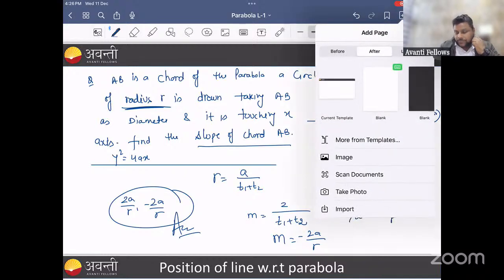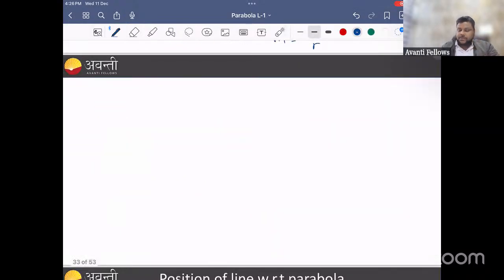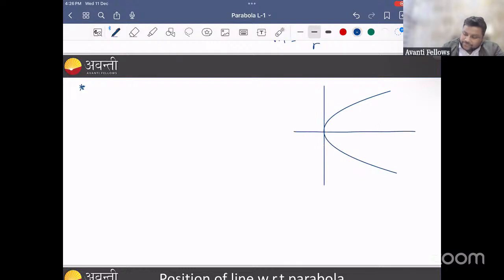Now, let's do a very important and a good topic. See, this is a parabola. Now, this is its focal chord. This is the directrix x equals to minus a.